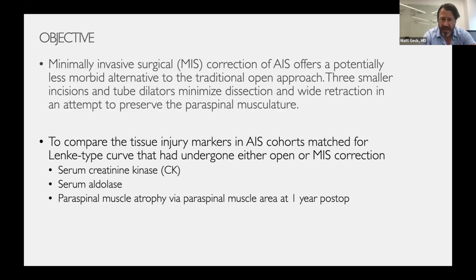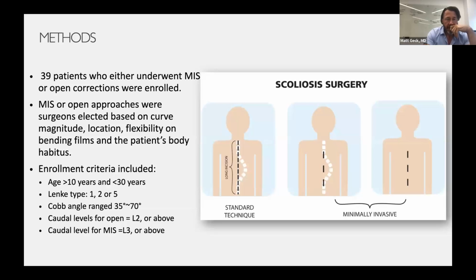So we looked at the standard tissue injury markers for spine surgery, and then we looked at paraspinal muscle atrophy, trying to get MRIs somewhere between 9 months and 18 months post-operatively. And so we enrolled 39 patients, and these were the inclusion criteria.